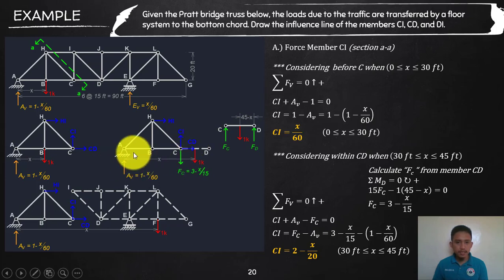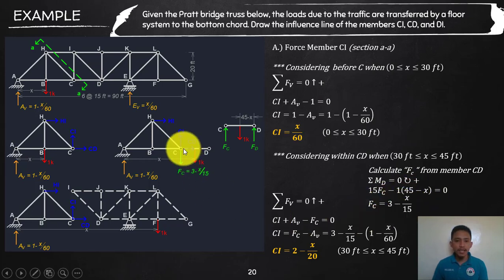So that is X, and we know that 1, 2, 3 are 15 each, so that's a total of 45. So the moment arm at D will be 45 minus X. Taking a moment of 1 will be negative, since that is opposite my assumption. So simple algebra, you will have your FC to be 3 minus X over 15.